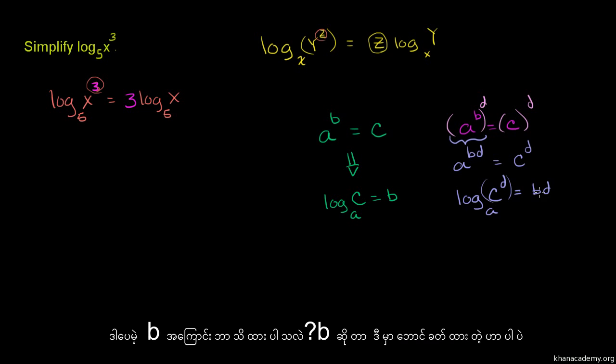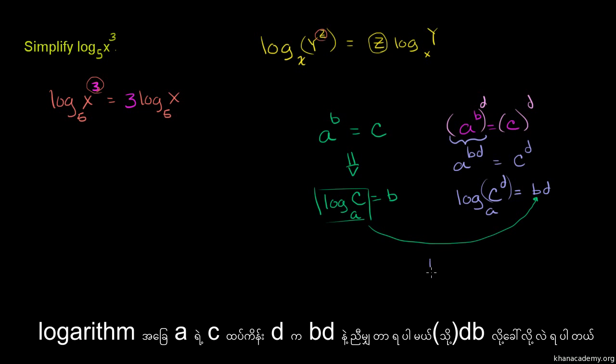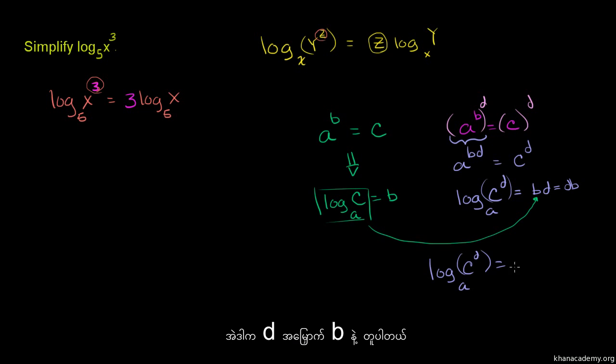But what do we know that b is? We already know that b is this thing right over here. So if we substitute this in for b, we get logarithm base a of c to the dth power is equal to bd, or you could also call that db, if you switch the order, and so that's equal to d times b.